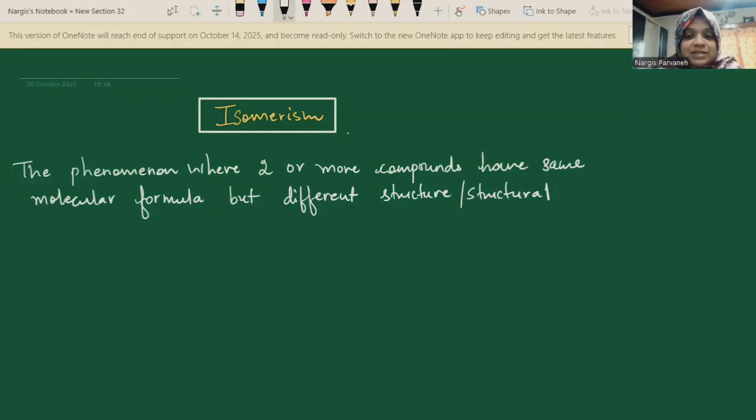But different structure or structural formula is called isomerism, and the compounds that exhibit this property are called isomers of each other.